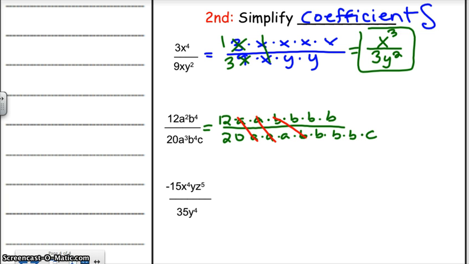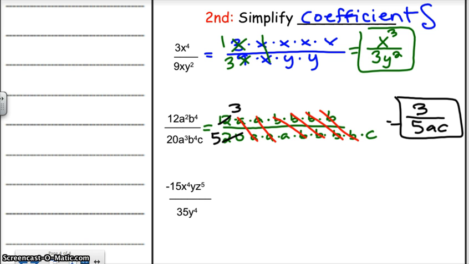I can cancel out some b's. I'm just left with 12 on top, but 12 and 20 I can simplify. 4 goes into both of them. 12 divided by 4 is 3. 20 divided by 4 is 5. This turns into 3 on top over 5ac on the bottom.